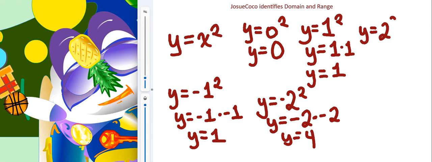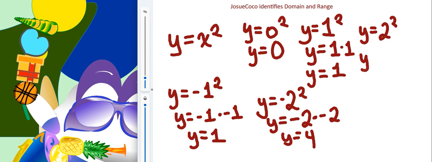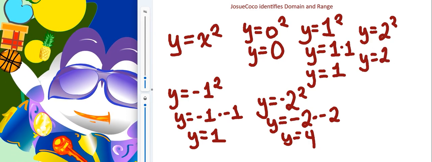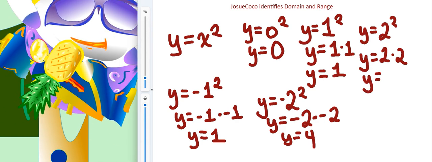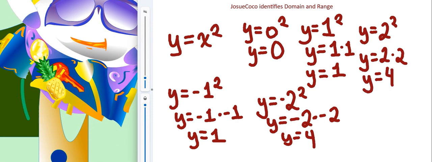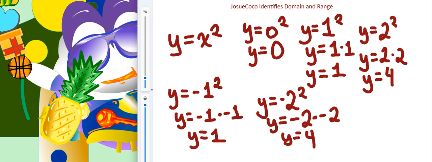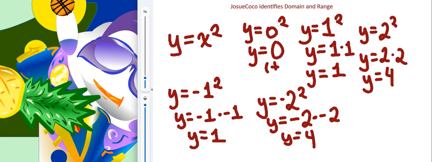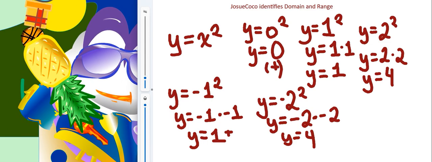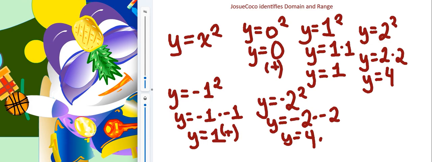Alright, now let's stay here. Y equals 2 to the second power. Y equals 2 times 2, giving us a product of y equals 4. So we begin to notice that y will always be positive.